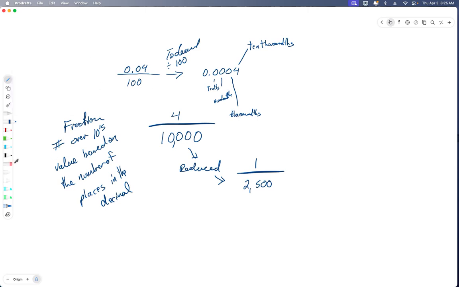I know that's not very clear what all I did by looking at it now, but remember to go from the percent to decimal, we divide by 100. And then we put that number over its place value to go to the fraction.